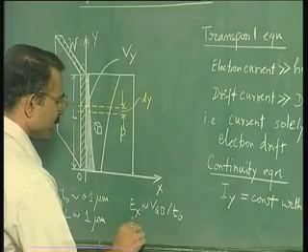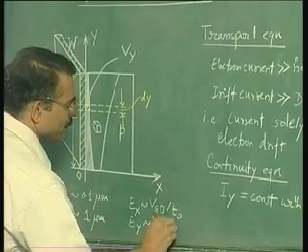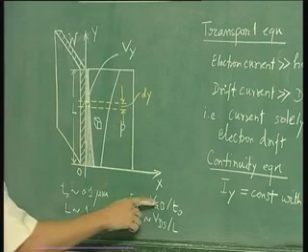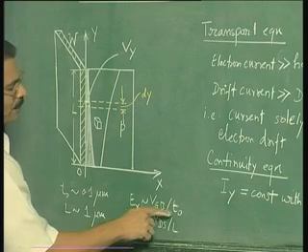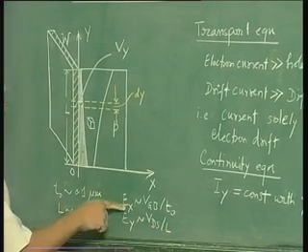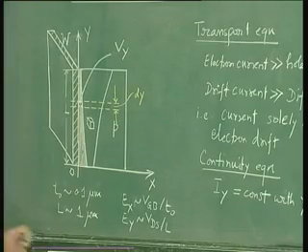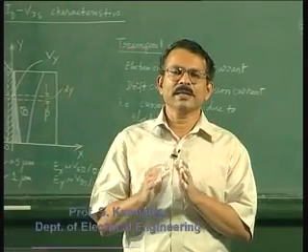Whereas the y directed electric field will be of the order of Vds by L. So if VGB and Vds are equal, we assume for simplicity, definitely since T naught is 10 times less than L, Ex will be 10 times more than Ey. In other words, the fields in the x direction tend to be higher than the fields in the y direction.